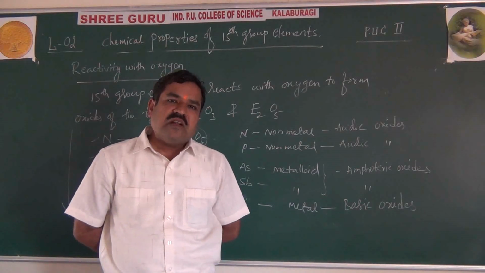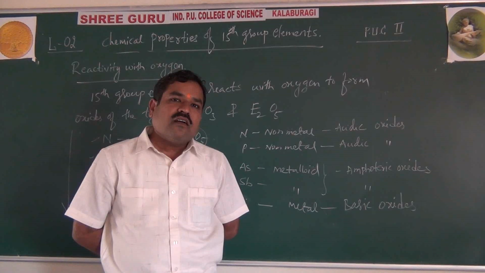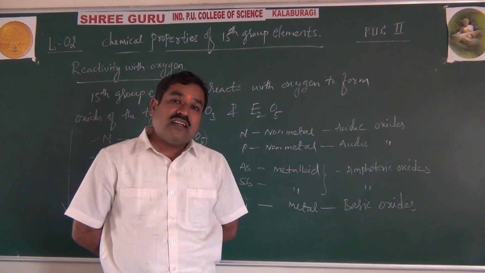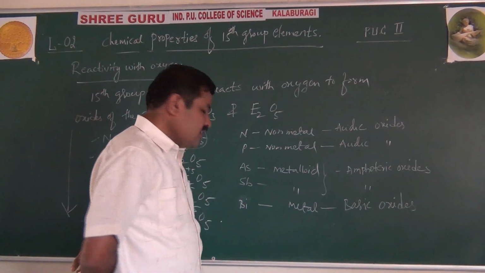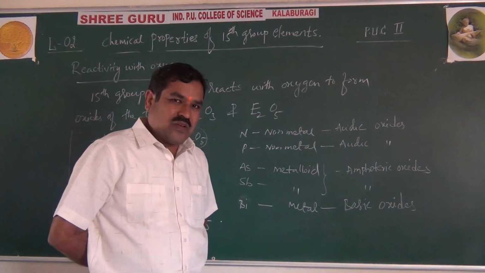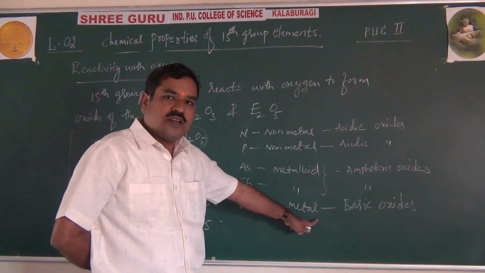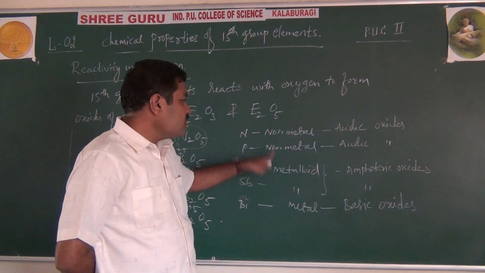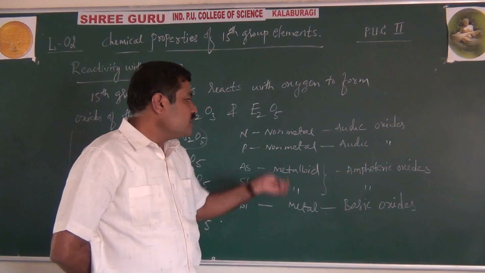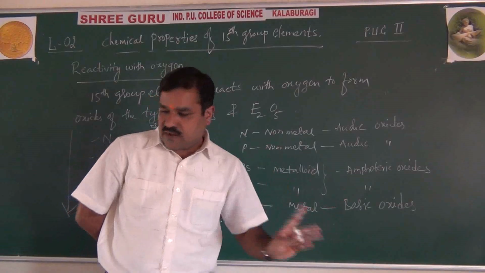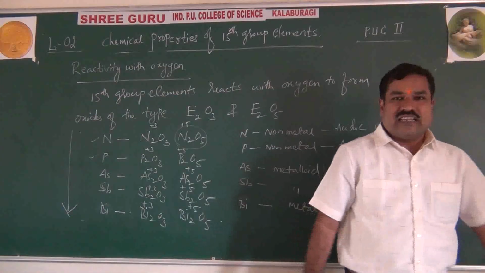But generally, pentoxides are more acidic than trioxides. In general, from top to bottom, acidic character decreases. Nitrogen is the most acidic, and bismuth is the least acidic. That means bismuth is more basic in nature. Metals form basic oxides. Metalloids form amphoteric oxides. Amphoteric means they exhibit the character of acidic as well as basic. Non-metals always form acidic oxides. Okay, right. That's about reactivity with the oxygen in detail.